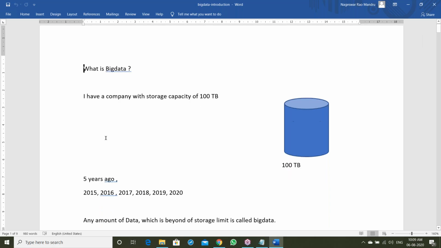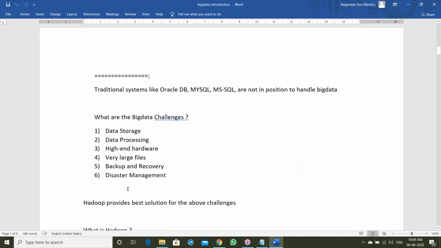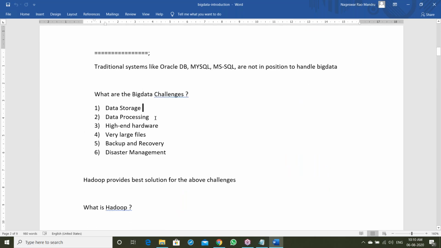So in the previous class, big data challenges, data storage, and data processing were discussed. Data storage is distributed data storage. Next, data processing is parallel processing: multiple servers will process the data.